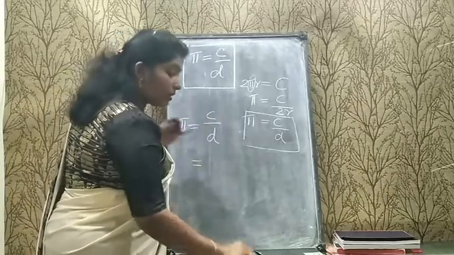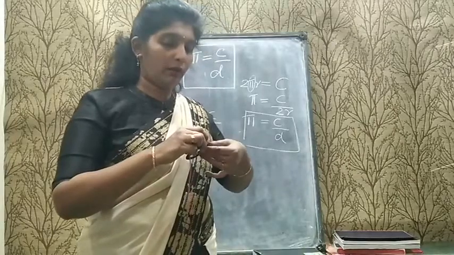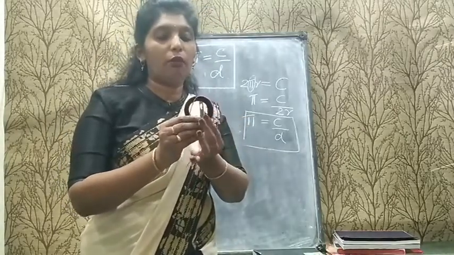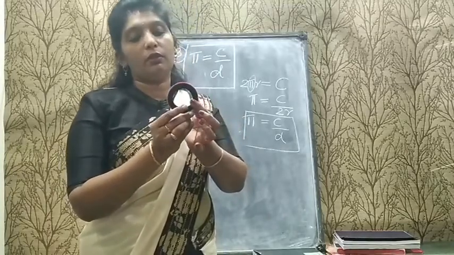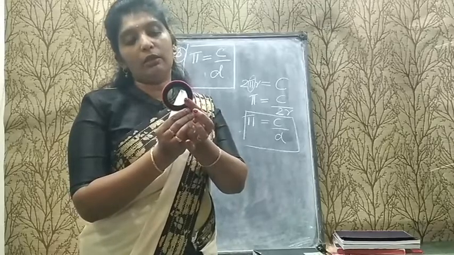So for the circumference of this circle I am using a thread, because the circumference is the length of the edge. So this is the length.